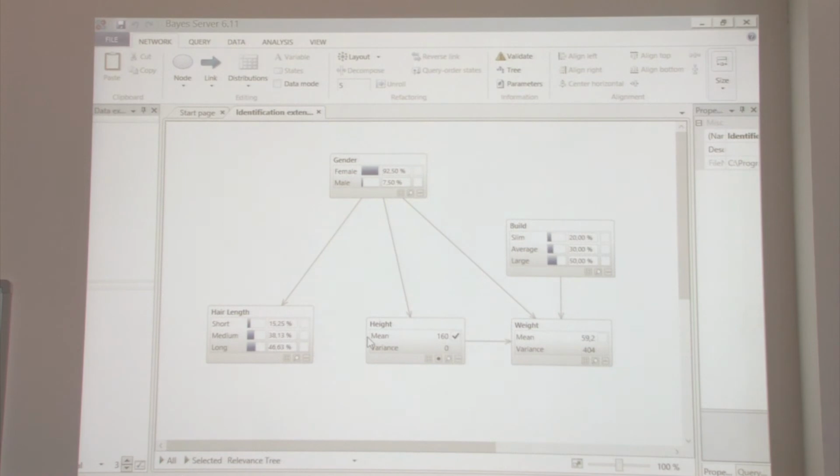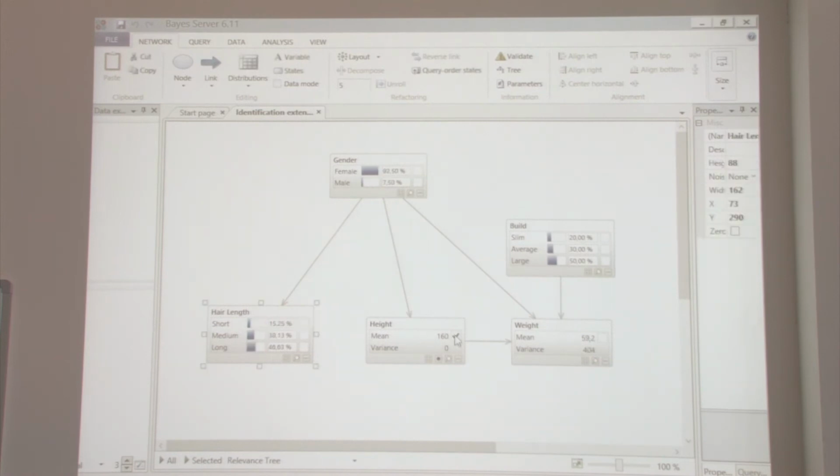Now let's say that this not really tall, but small or average person has short hair. Now, as you can see, the probability of this person being male increased much more, but still we would consider this person to be more female than male.